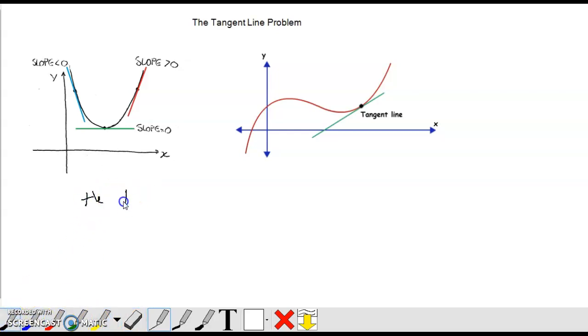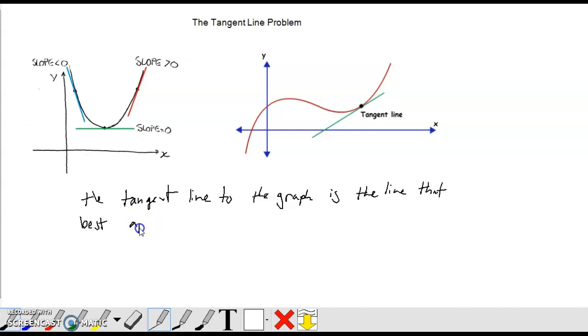The tangent line to the graph is the line that best approximates the slope of the graph at that point.